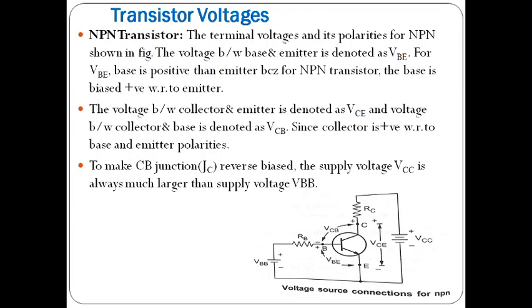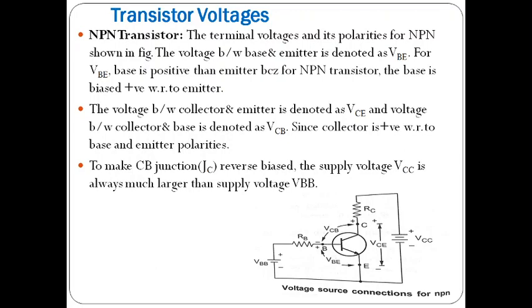Why? Because here the base is applied with the positive potential and the emitter is applied with the negative potential. So the base potential is more positive with respect to the emitter.